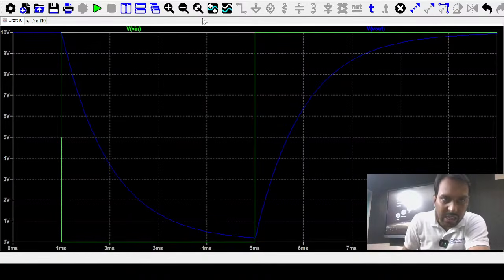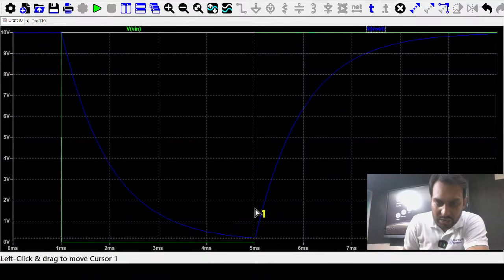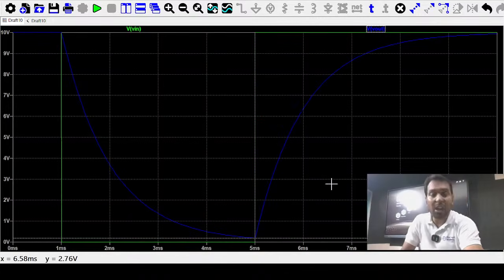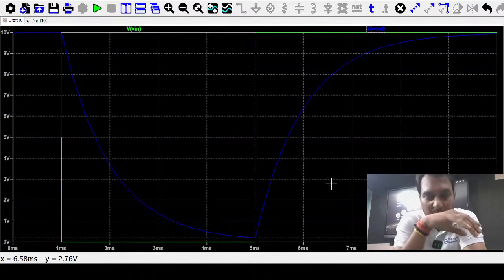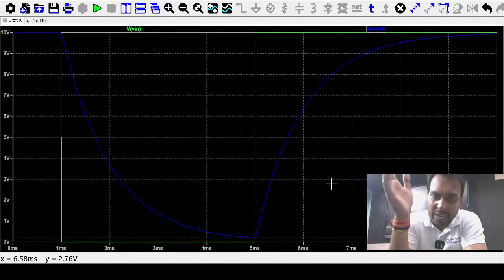Just check what that value is. That is nearly about 183 millivolt, nearly 0.2 volt. That is the value.